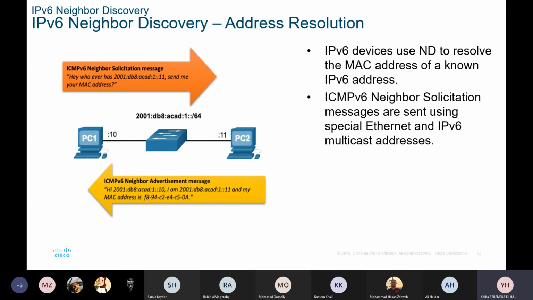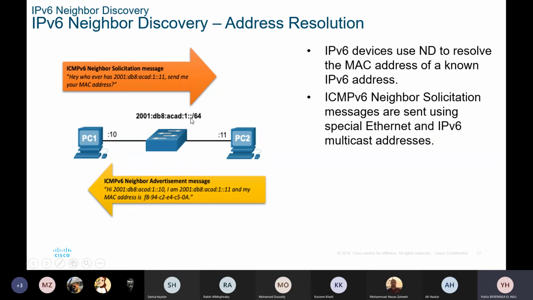Now here you have a simple demonstration of this. Let's say PC1 sent a neighbor solicitation to get the MAC address of PC2. It will write something like, hey, hi, whoever has 2001 DB8 ACAD 111, send me your MAC address. Of course, this is in the whole domain with this prefix 2001 DB8 ACAD 2.1, which is actually the network address in IPv6.